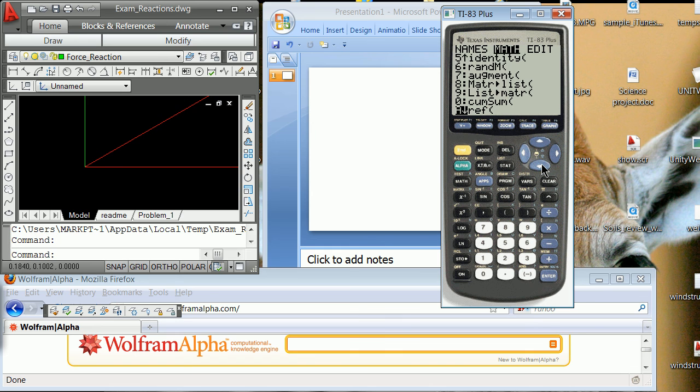Remember what that is, just solving for systems of equations. Reverse row echelon format, second matrix, list D, close your parentheses, and you get a calculation of 162 and 140.